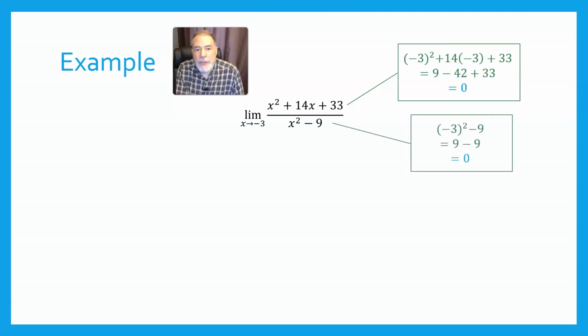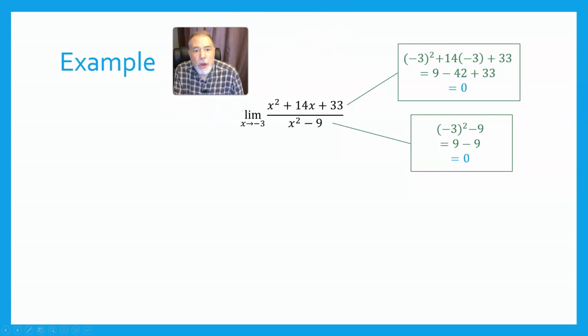And the denominator is approaching negative 3 squared minus 9, which is 0. So here we have a situation where the numerator and the denominator are both approaching 0. And in a case like that, the function would be undefined right at negative 3, but the limit as x approaches negative 3 could still exist.